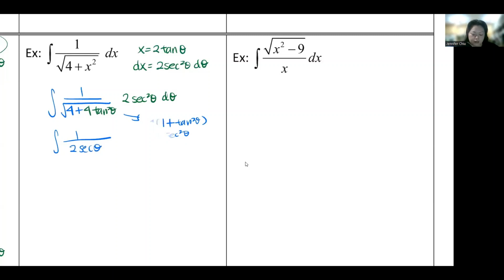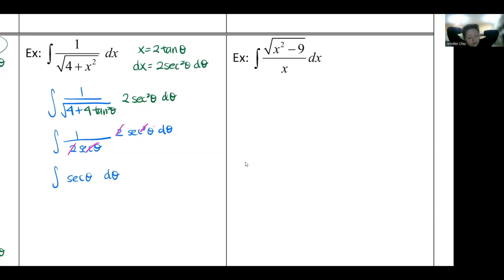Okay, and then don't forget you have your secant squared theta from the dx. So you have 2 secant squared theta d theta. Okay, reduce the 2's, reduce the secant. So actually your integral is very nice. It's just secant theta d theta. Now recall that secant theta has a very unique integral.